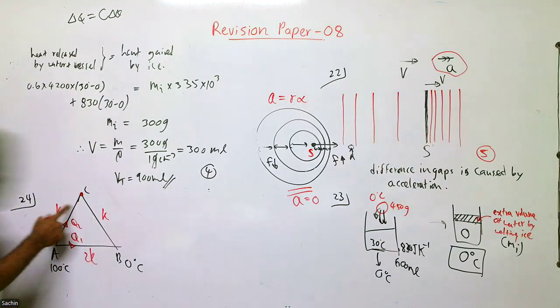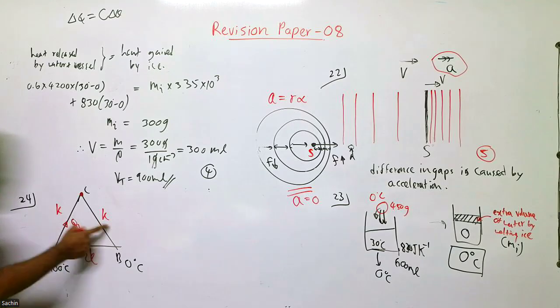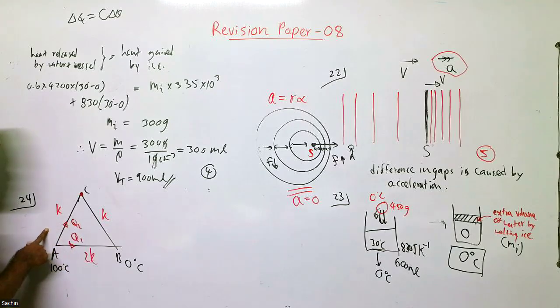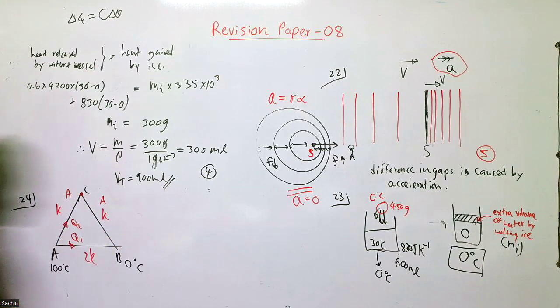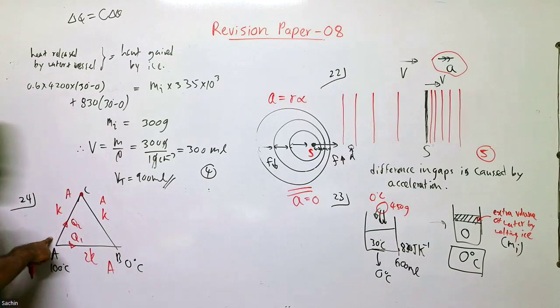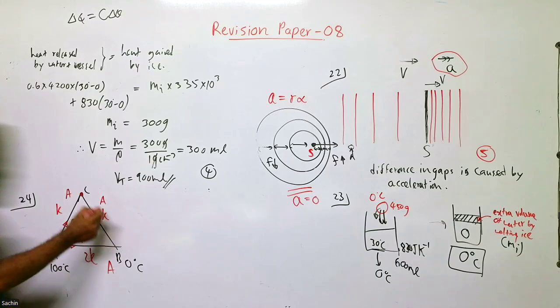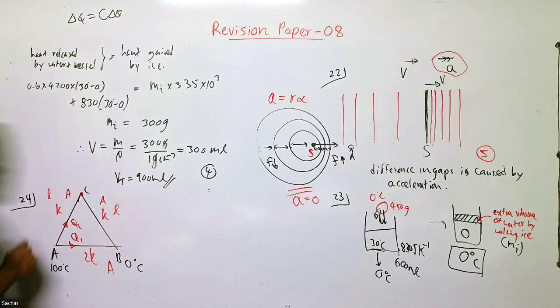Fortunately, both these rods have the same length, equilateral triangle, and the same cross section area, because it is not mentioned otherwise.